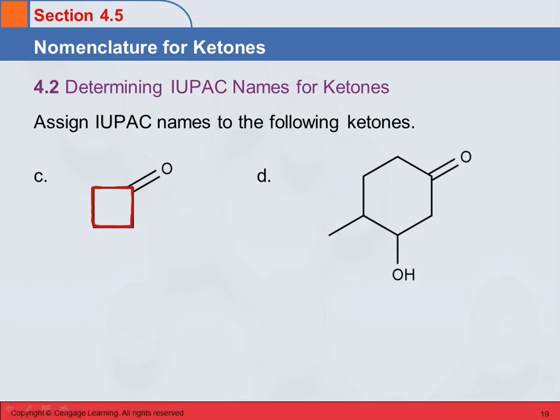Yeah, that's 4 carbons, so it's butane, which would become butanone, but it's in a ring, so it's cyclobutanone. We don't have to indicate where that carbonyl group is, because if we needed numbers, that would be number 1. So we don't have to put the number 1.